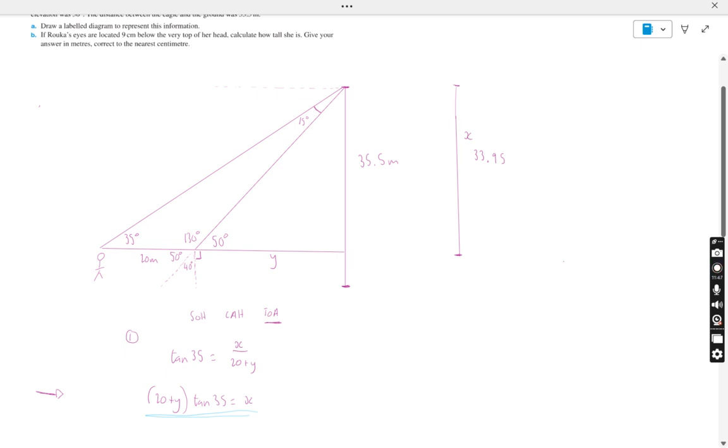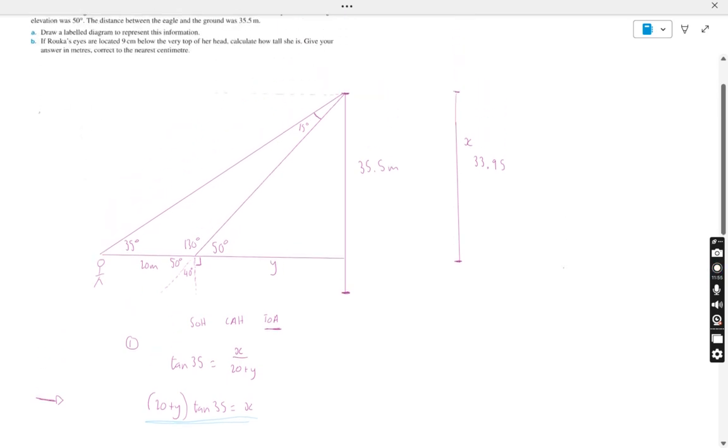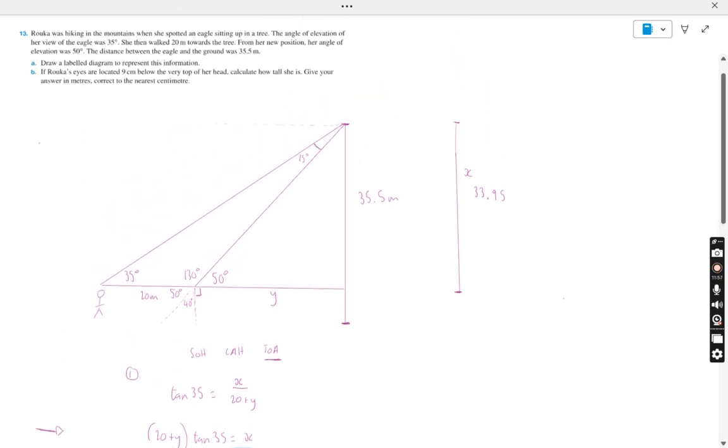Okay, if the total distance from the tree is 35.5 meters, then the height, and also we're forgetting about Ruka's eyes, which are located 9 centimeters below the very top of her head. That means that this angle down here actually occurs right at her eye line. My drawing isn't exactly accurate, it occurs right at her eye line.